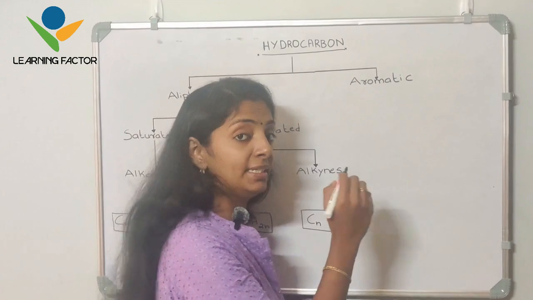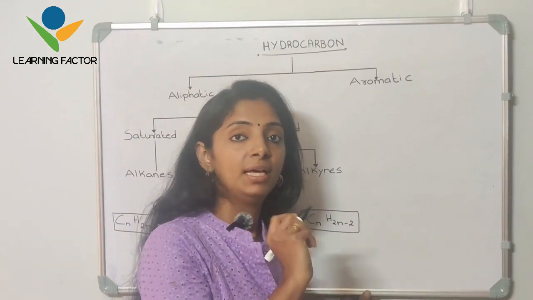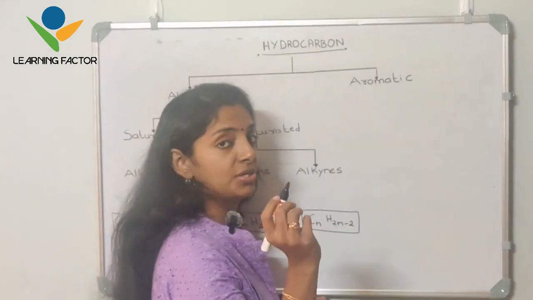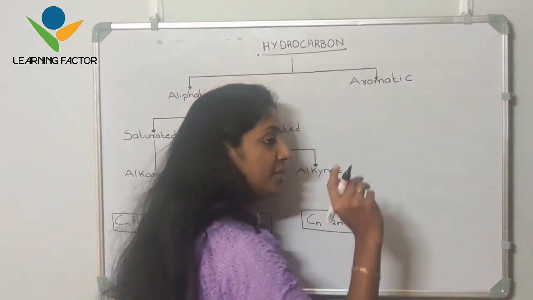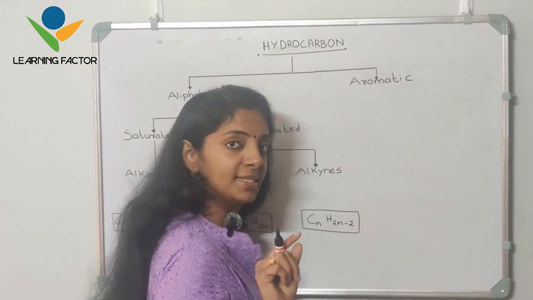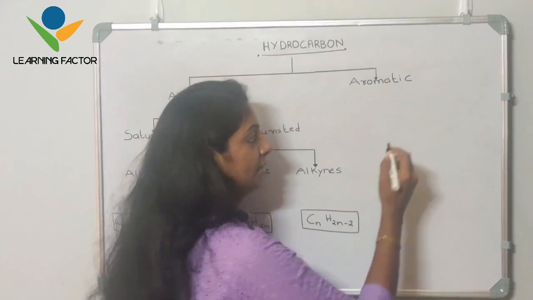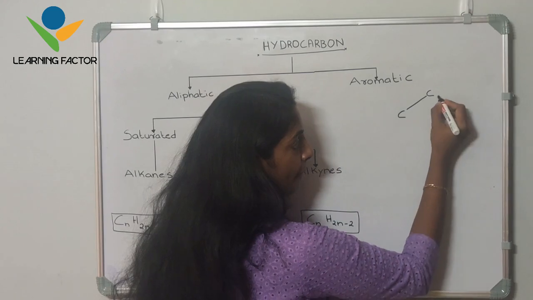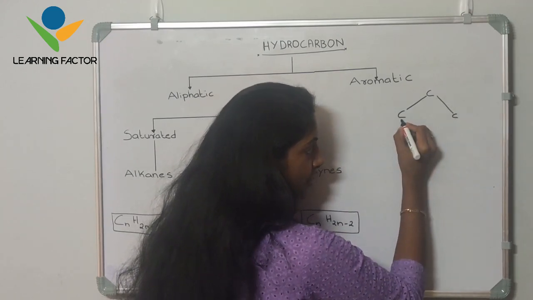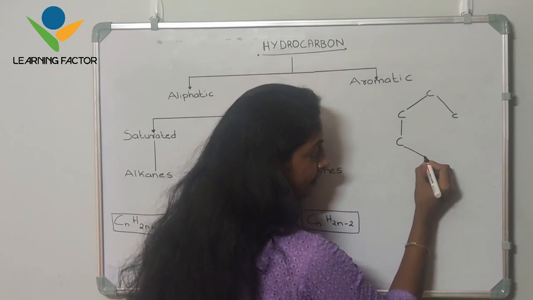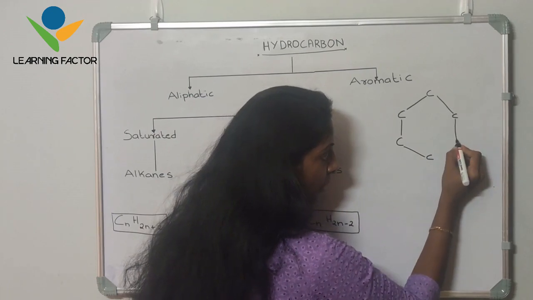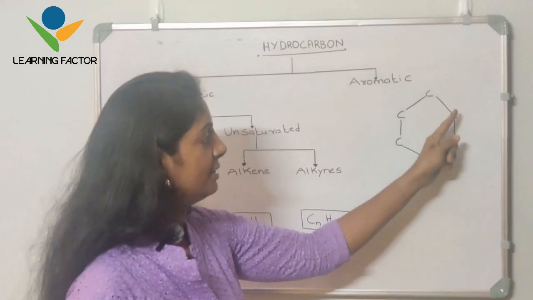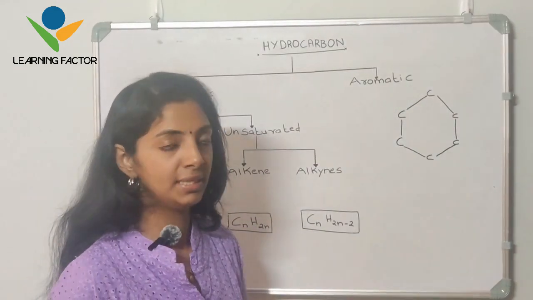In the exam they'll be asking about the structure of benzene, like draw the structure of benzene. First you need to draw a hexagon with the help of carbon. It is a hexagon and there are 6 carbons in it.